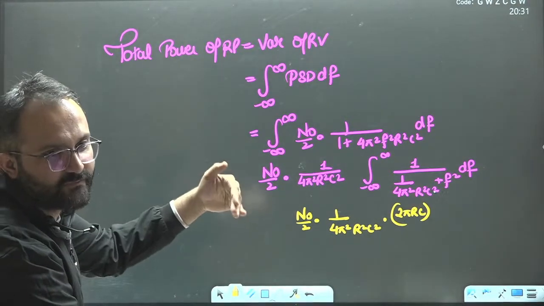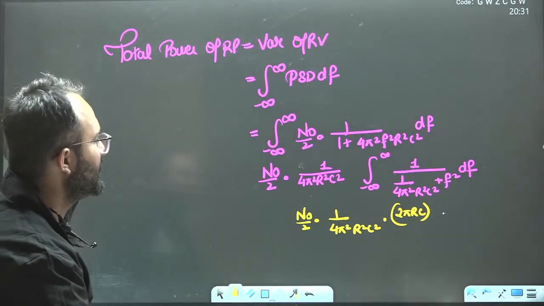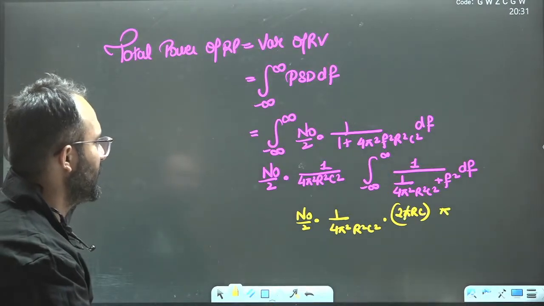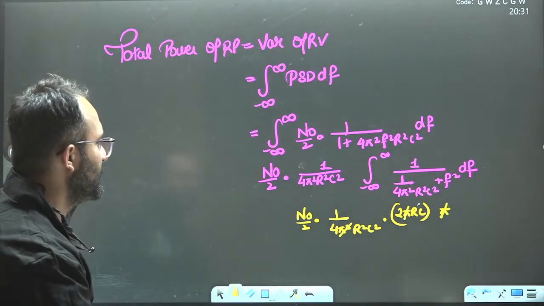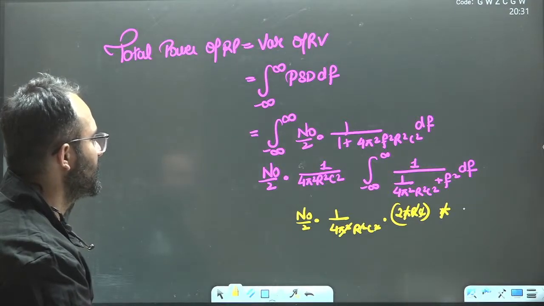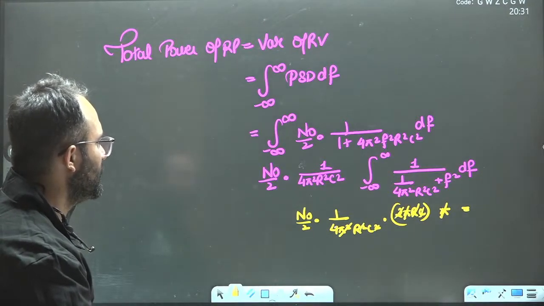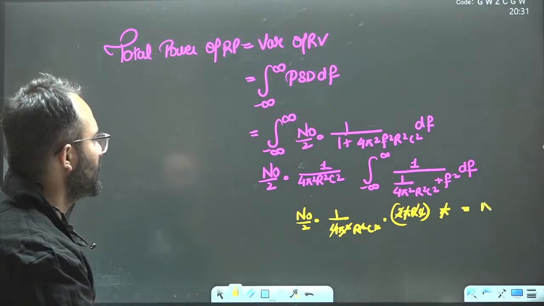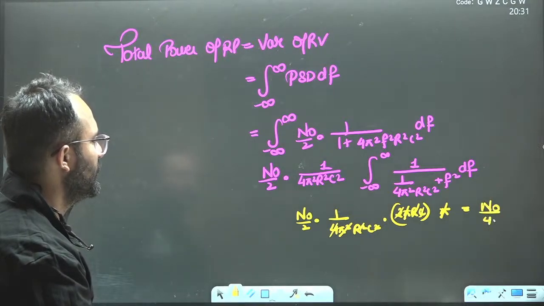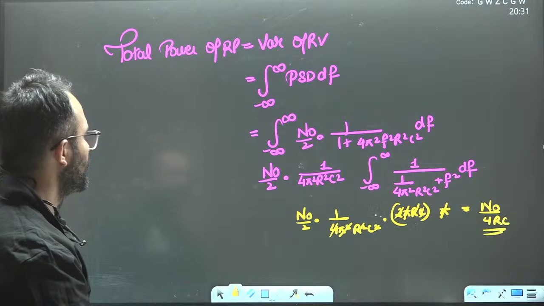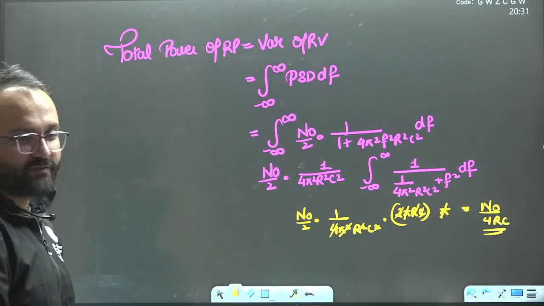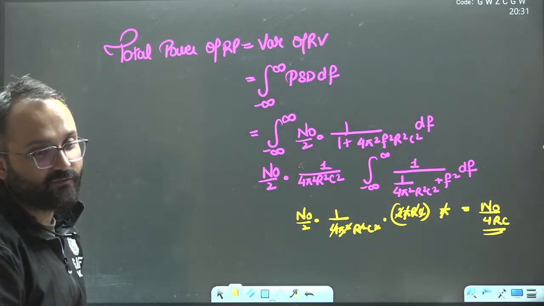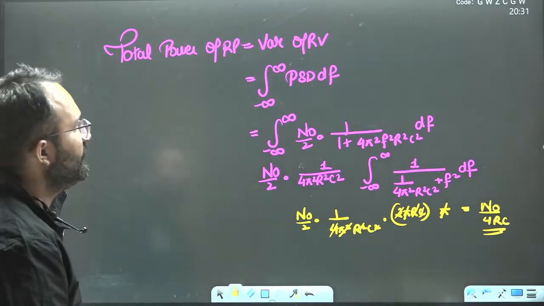Integration from minus infinity to infinity will give us pi. Again pi square RC cancel and we get N0 upon 4RC. So the power of the random process, which is same as the variance of the random variable, will be N0 by 4RC.